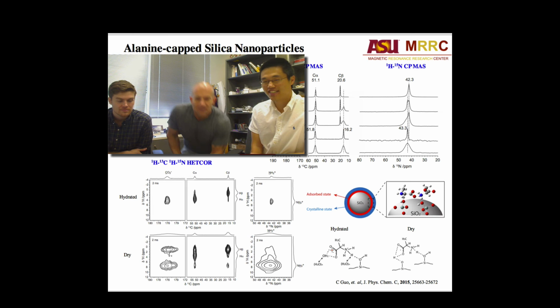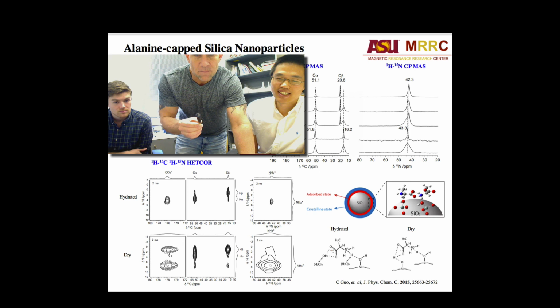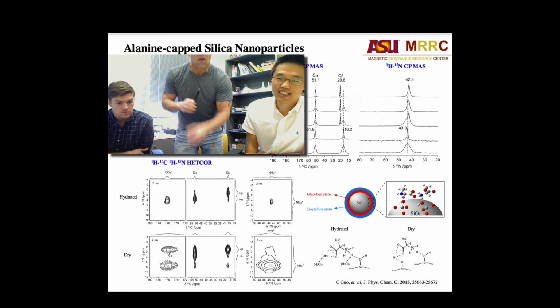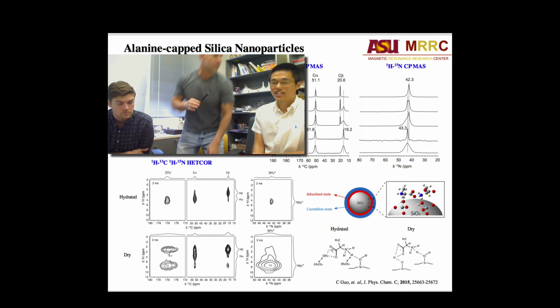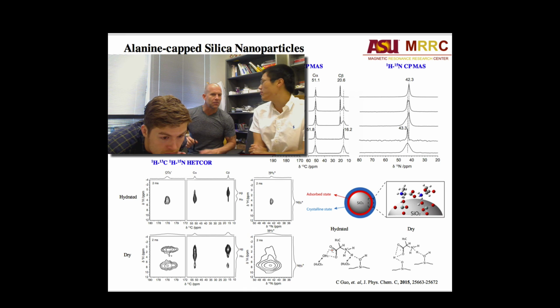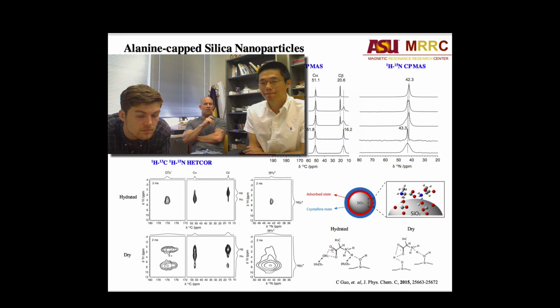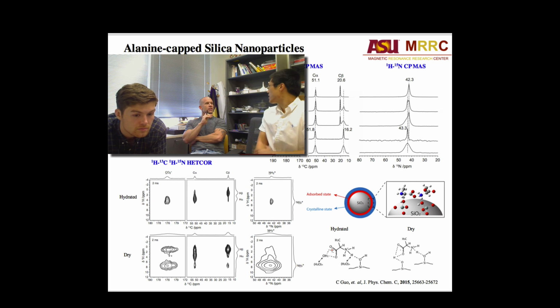And then in your HETCOR experiments here, and these are all on natural abundance? No, these are labeled, because with nitrogen it would have been really hard to do. So what's the labeling? You're buying labeled amino acids.